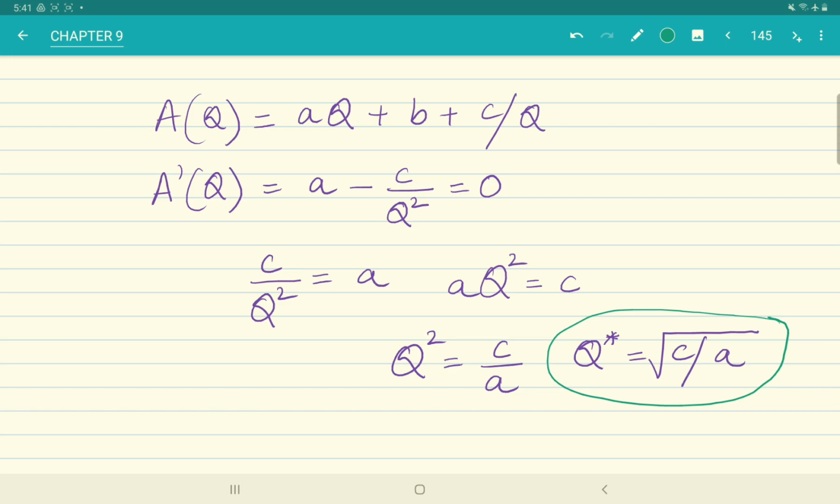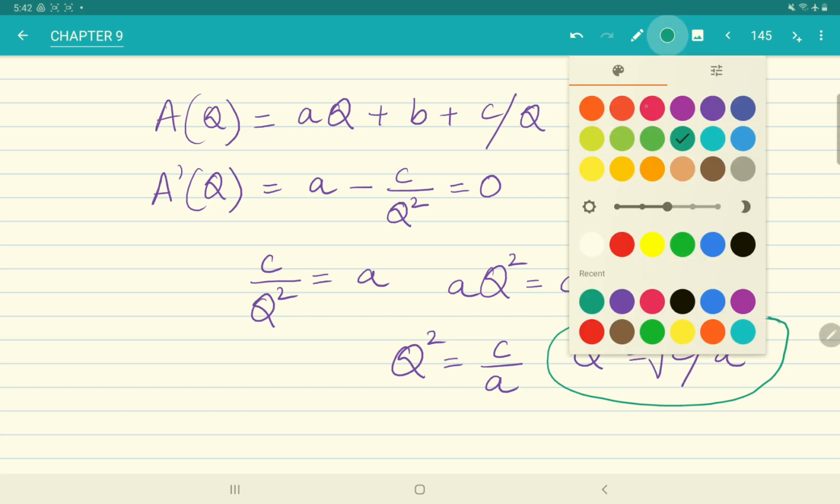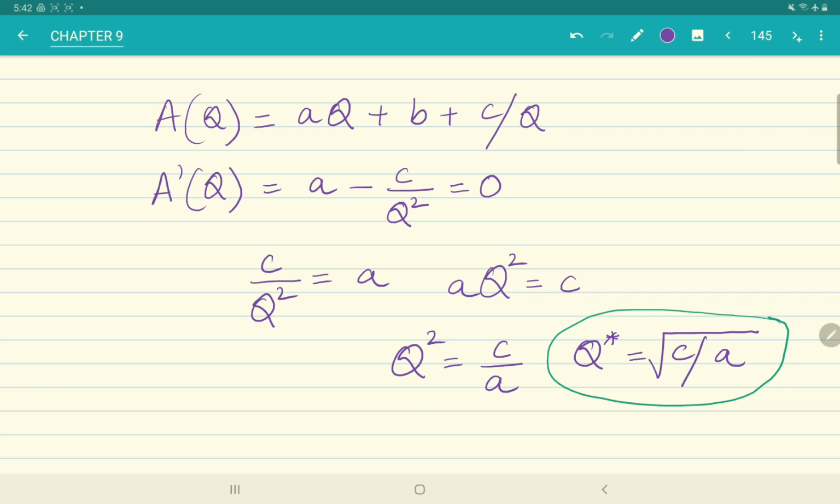Now we have to prove that this is indeed a minimum point. For that we have to take its second derivative, a double prime q.